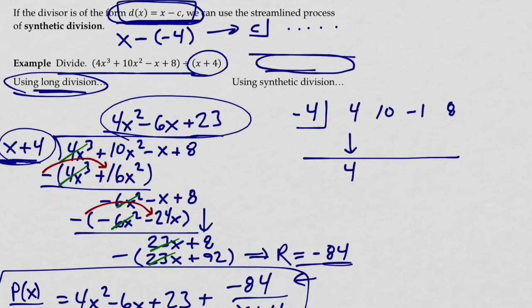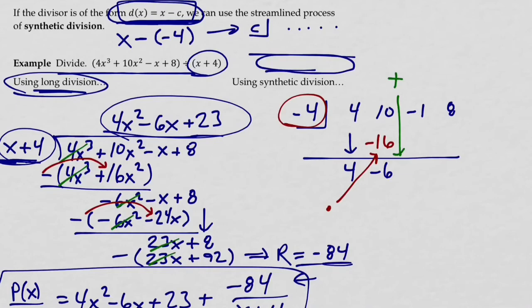So I'm going to bring down the 4, and then diagonally I'm going to multiply 4 with negative 4. So 4 times negative 4 is negative 16. And then vertically going down, I'm going to add. So we multiply diagonally and we add vertically. And so adding those, I get a negative 6.